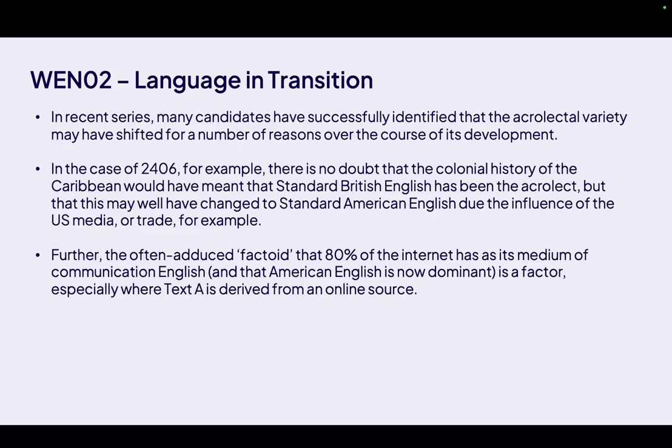Further, the often adduced factoid that 80% of the internet has English as its medium of communication, and that American English is now dominant, is obviously a factor, especially where text A is derived from an online source. Nowadays, students are quite savvy about what's going on in media and in the world, and we should give them credit for that and let them explore this knowledge.